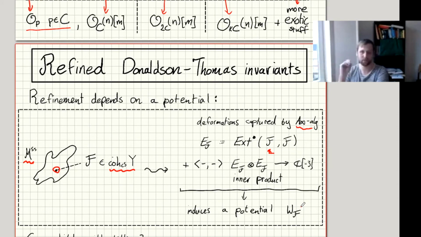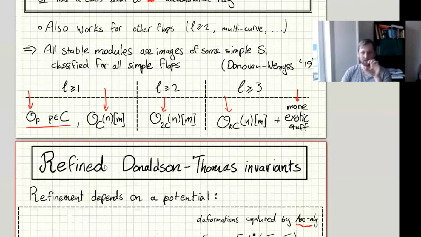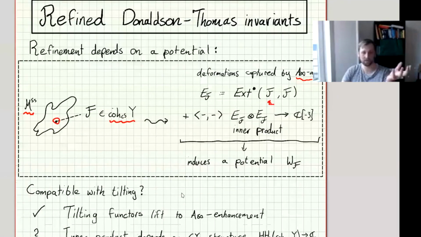cases. So if we want to work with this sort of extra data, then we should see if we can sort of reduce to cases which we can handle. And since we've been doing all this tilting business, going from heart to heart, and applying all these functors all over the place to get our stable objects, if we want to compare the deformation theoretic data of these different objects, then we should see if this is preserved by these functors.